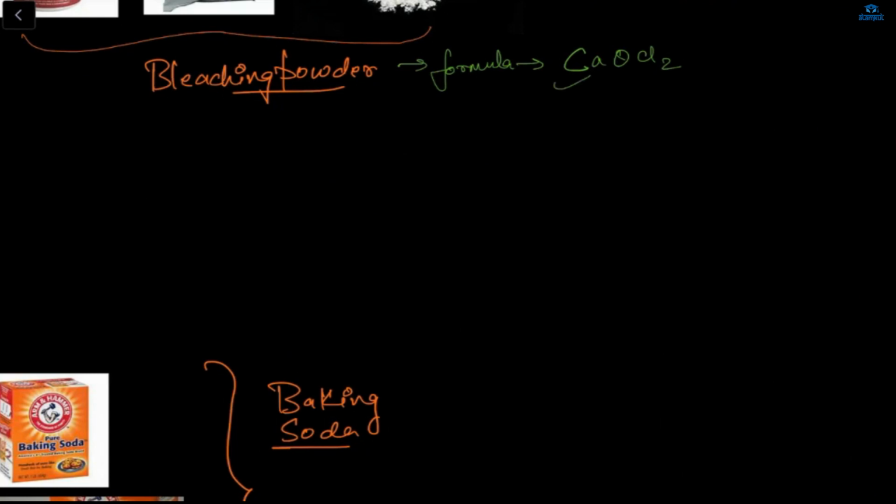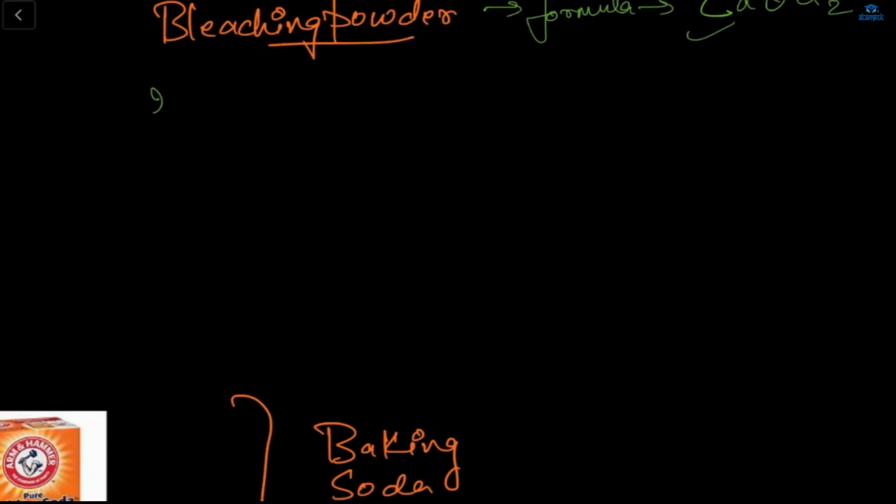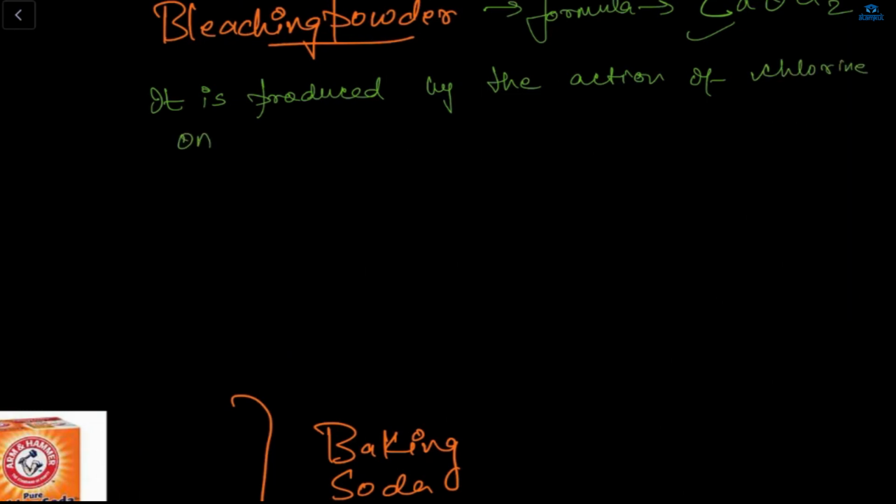Now, bleaching powder is produced by what? It is produced by the action of chlorine on dry slaked lime.